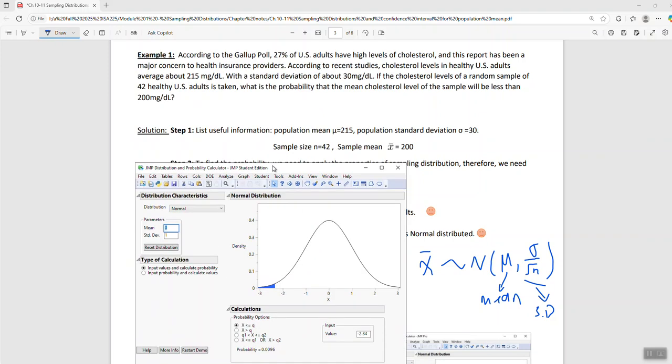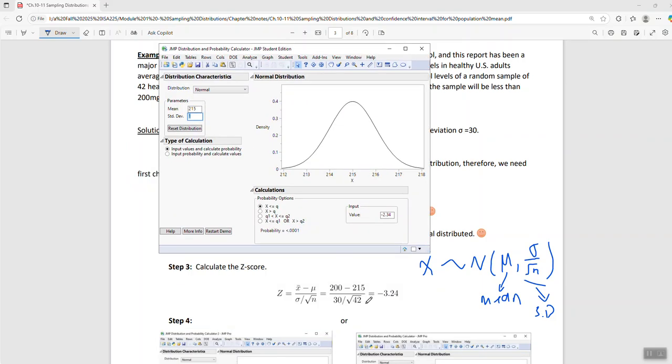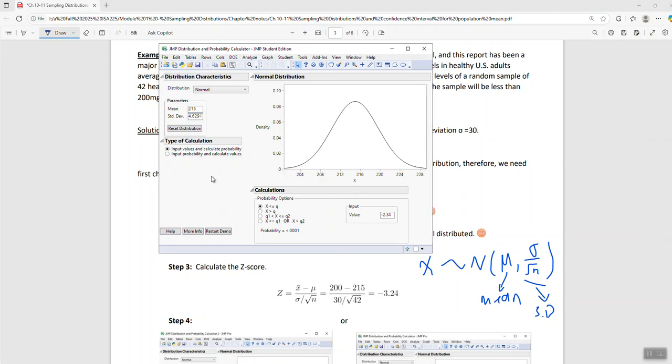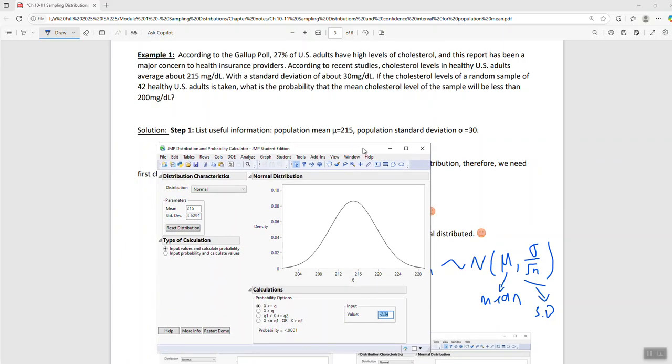It will be the same as the population mean, which is 215. The standard deviation of the sampling distribution will be sigma over square root of n, which is the bottom of this formula, 30 over square root of 42. If you calculate this part, it will be 4.6291.